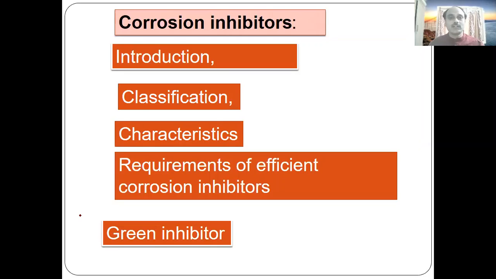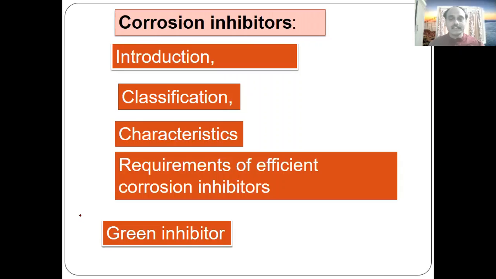We are going to study the introduction, classification, characteristics, and requirements of efficient corrosion inhibitors, that is, apart from surface coatings, the inhibitors which can inhibit the rate of corrosion.